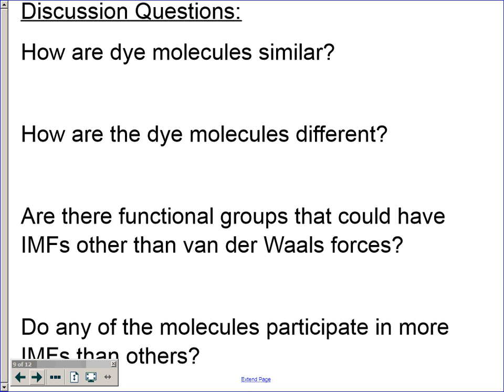Also, you can put your own parafilm on after setting your paper into the solvent. Parafilm will go on top to keep the evaporation rate low.